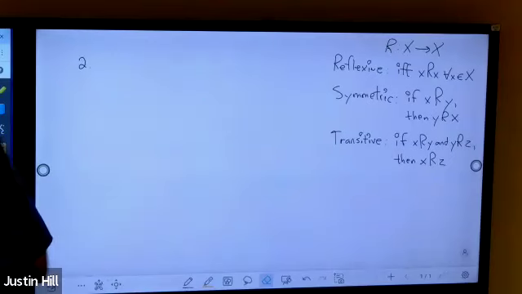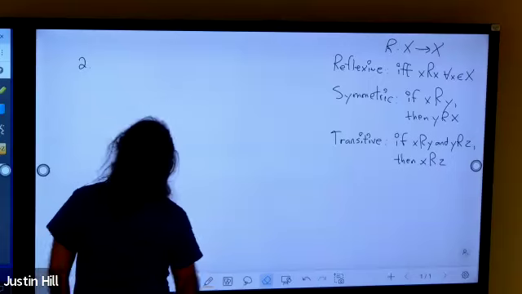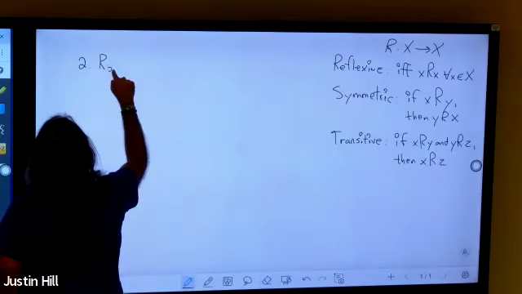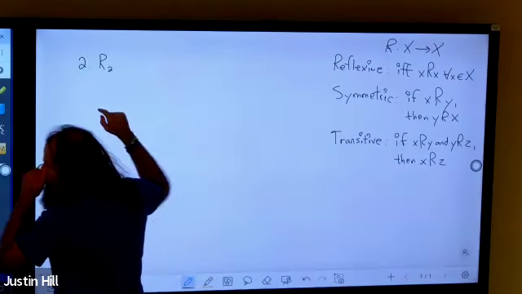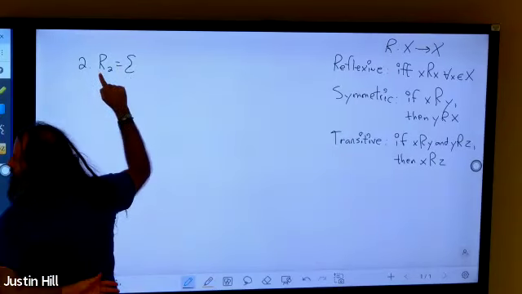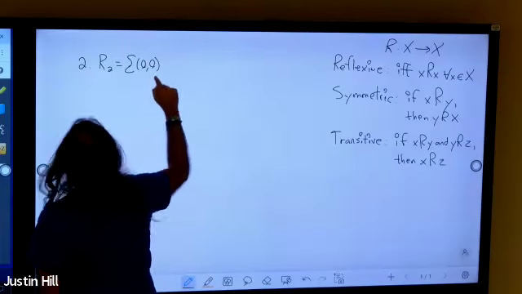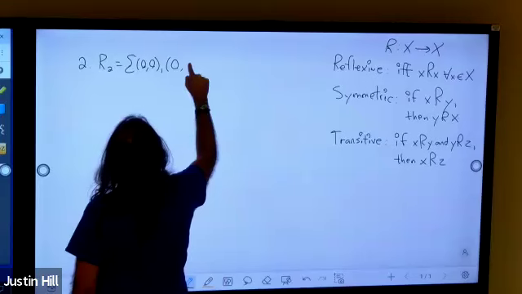All right, good. So let's look at two. They give me this relation. Zero is related to zero. Zero is related to one.